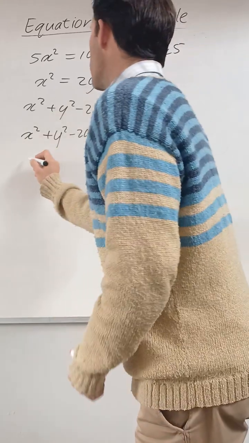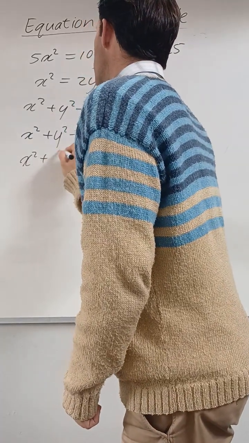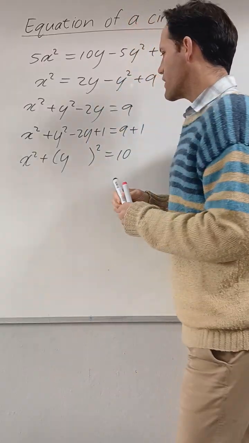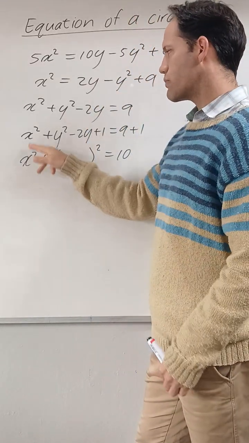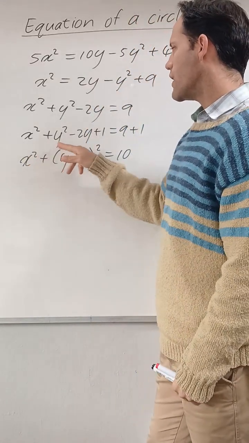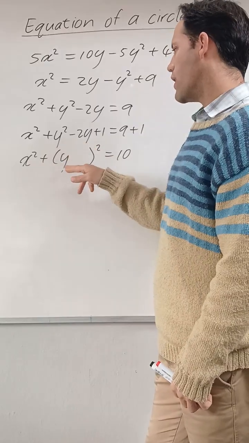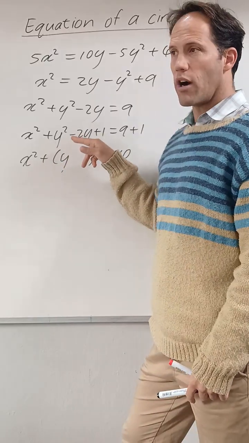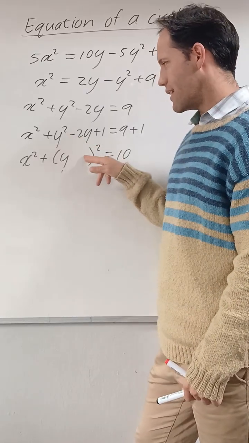Now we can say it's going to be x squared plus, and then we put in the brackets, that step is kind of basic. x squared stays like that, y, obviously y times y is y squared, and then you take half the coefficient of y, and you just write it in there. That's the second step.